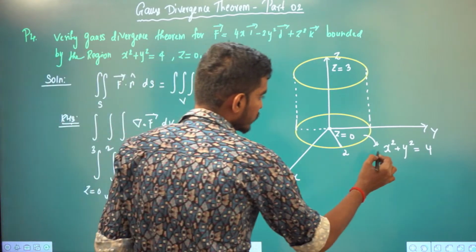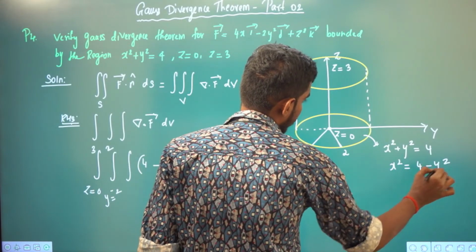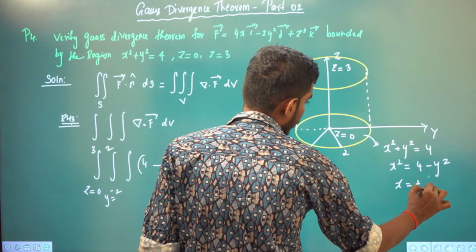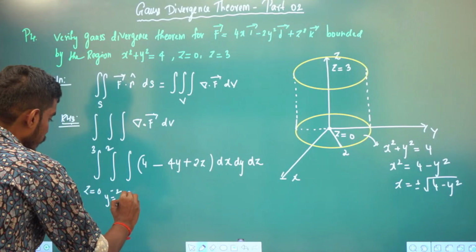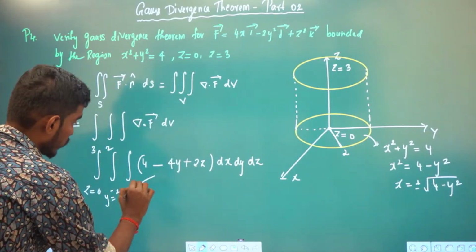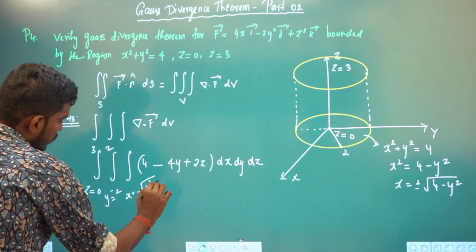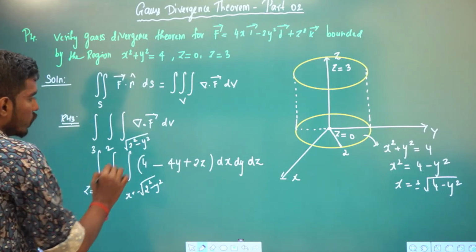And what will be x? We treat x as a variable here. So x square will be 4 minus y square. So x will be plus or minus root of 4 minus y square. So x varies from minus square root of 2 square minus y square to plus square root of 2 square minus y square.